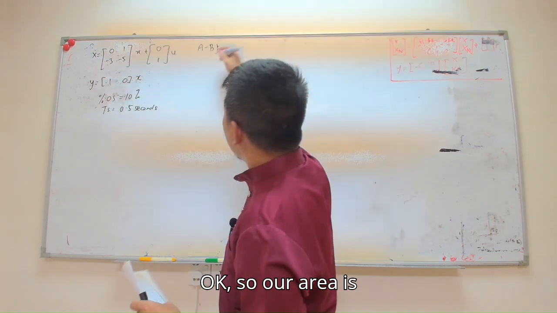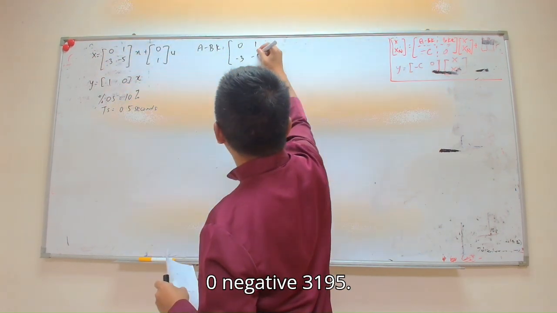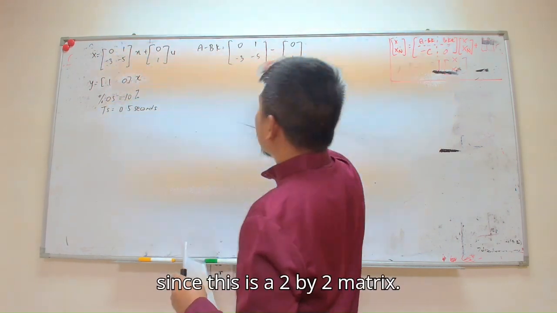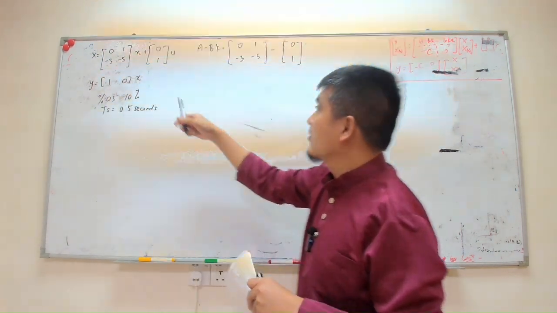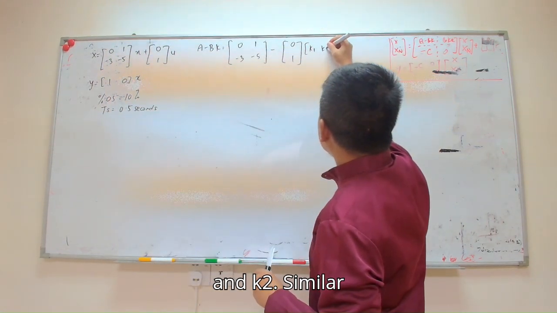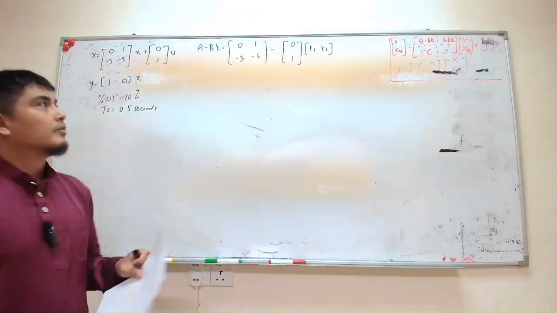Our A is [0, 1; -3, -5], minus our B, which is [0; 1], times K. Since this is a 2 by 2 matrix, that's why we have K1 and K2, similar with the pole placement controller.